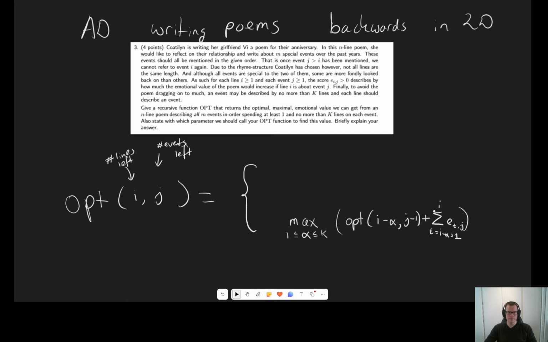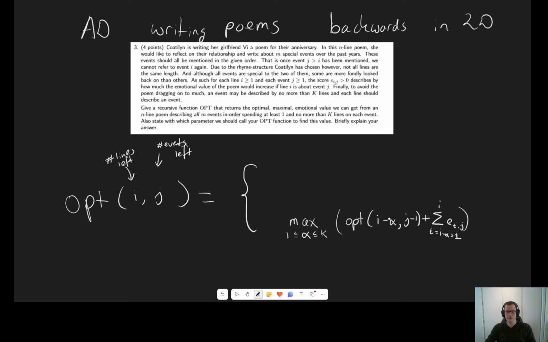As an example, imagine that we have 100 lines and we choose to spend 5 lines talking about this event. Then which rewards do I get? Well, I get them for 100, 99, 98, 97, and 96. In other words, for 100 minus 5 plus 1 up to 100, from 96, 97, 98, 99 to 100. It's always a bit tricky to come up with these indices. For me, it helps a lot when I just come up with an example and try them.